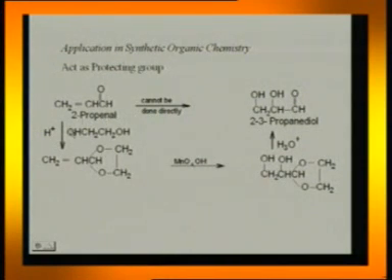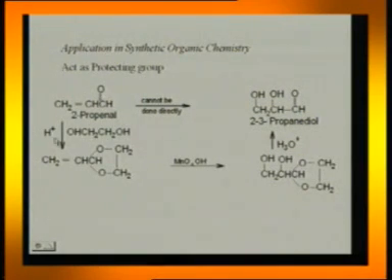For example, see 2-propanol, it will not give 2,3-propane diol if we carry out a simple reaction. The reason being, we have a double bond here and we have a double bond here also. So the possibility of addition reaction is at both places, because this double bond will compete with this double bond and try to form the addition product.